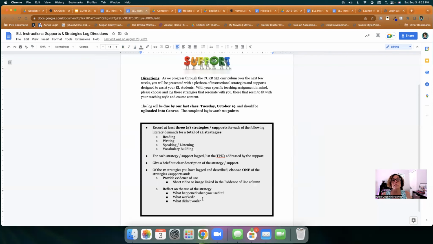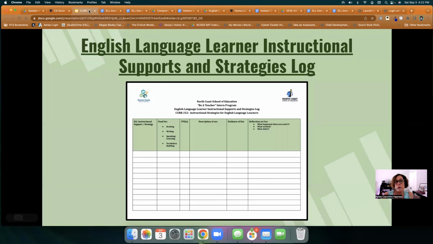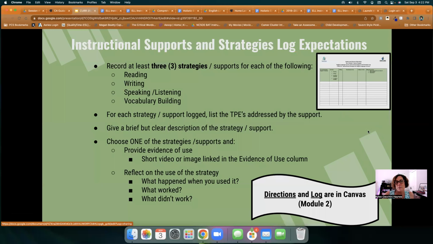So if you just list a few of the strategies on your log that we go over in class, you're golden. You don't have to go get extra strategies if you don't want to, or there might be some, oh, I know some great ones for reading support that we didn't go over in class, but that I use or have seen used. I want to do those. Absolutely. But for those of you who are like, I don't know strategies, help me, the class is set up to do that.